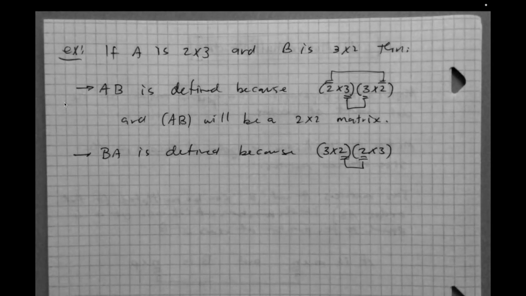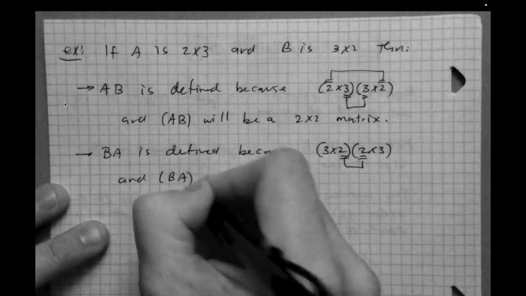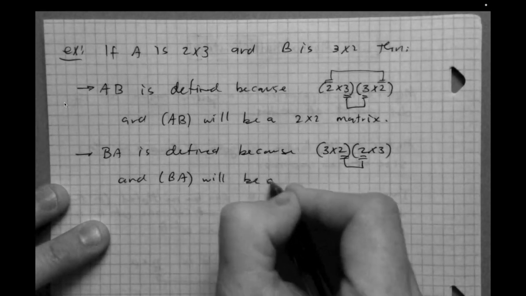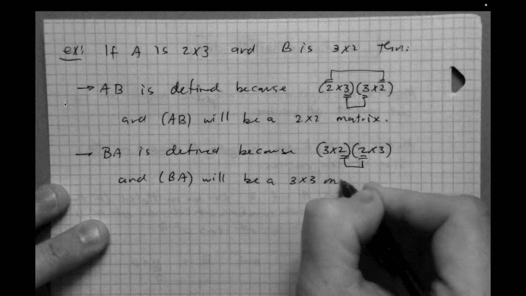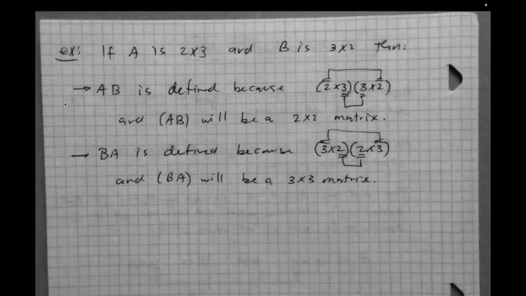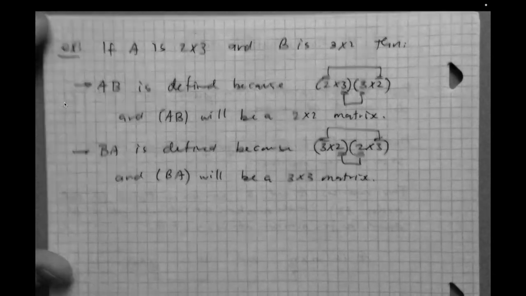So we can do the multiplication, and what are the dimensions? When we multiply them together, we'll get a matrix BA, and it will be a 3 by 3 matrix. All right, and that's based on the outside numbers. And we'll see why all of this is true in a second, but we're just creating some groundwork here. All right, very good.